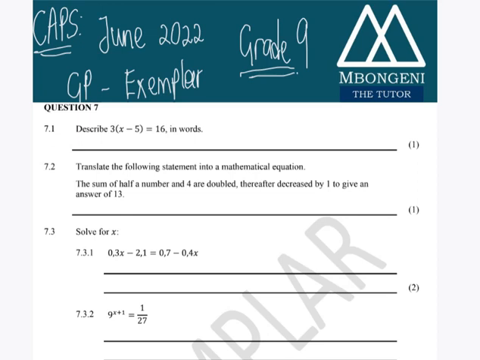So let's get to the questions. Describe 3x minus 5 equals 16. So now this is the difference.